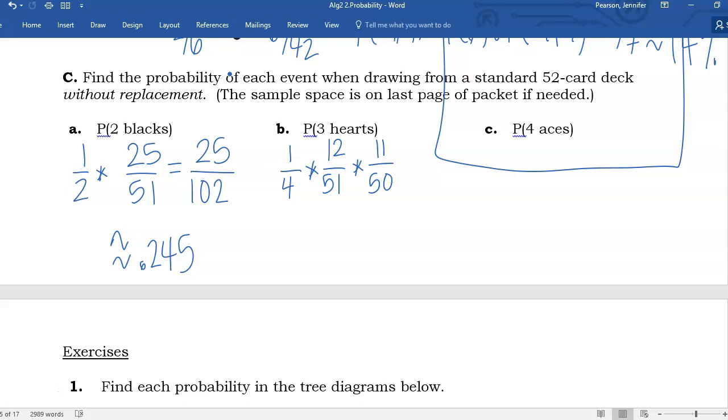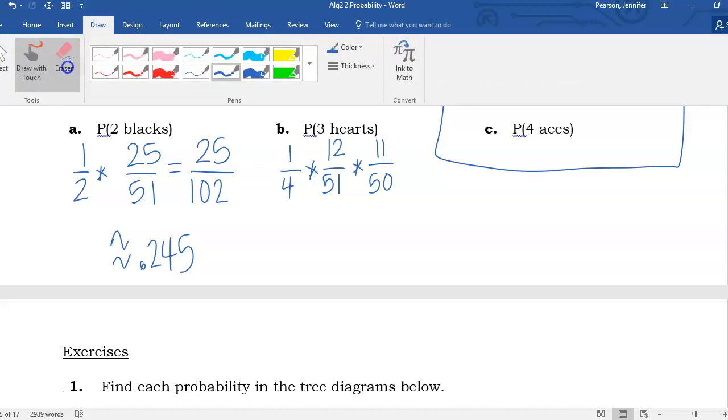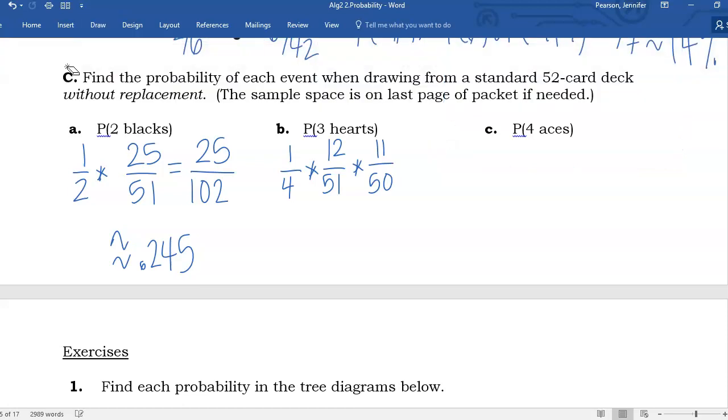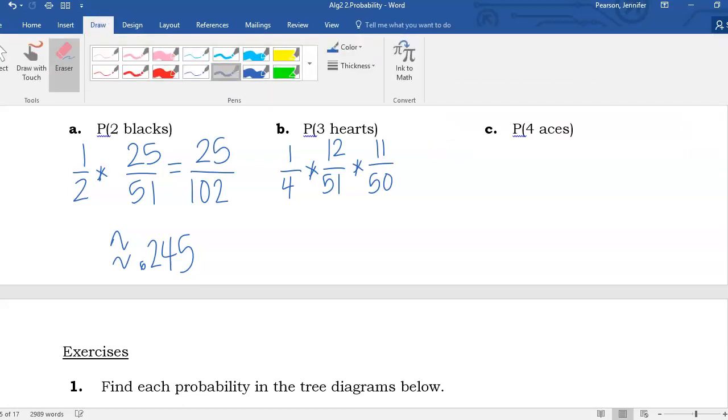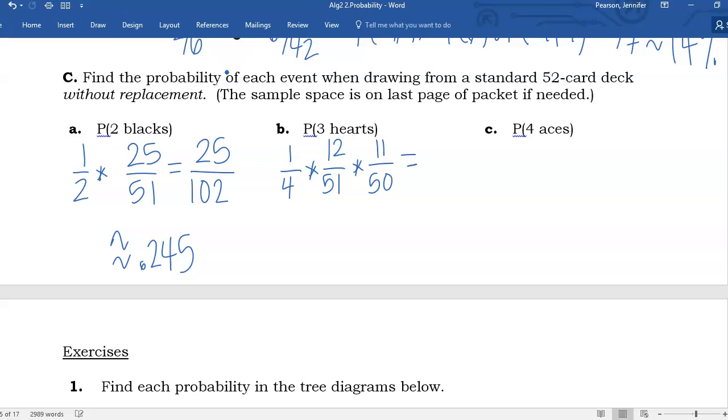So if we were going to multiply these all out, in the numerator, that is 132. In the denominator, I don't know what that is, 4 times 51 times 50, big number. 132 out of 10,200.